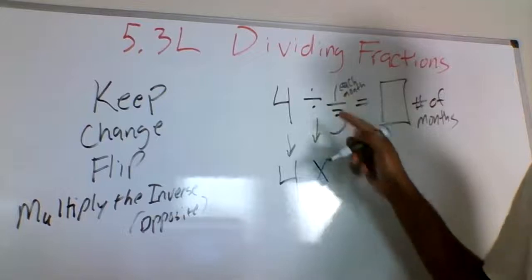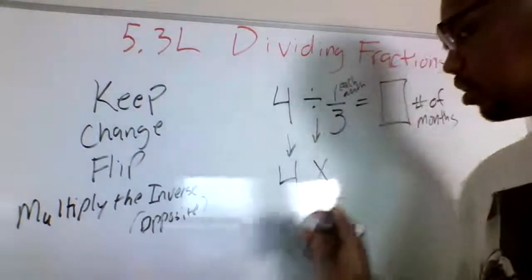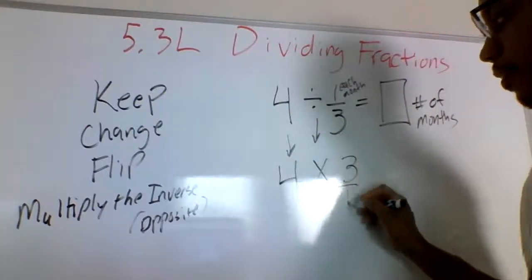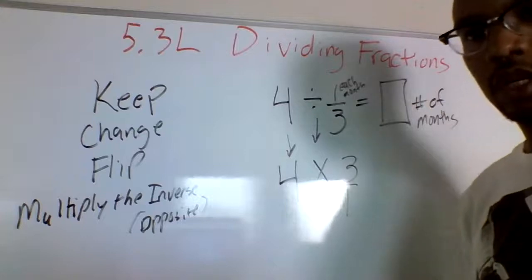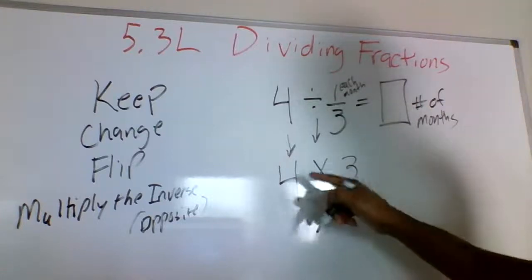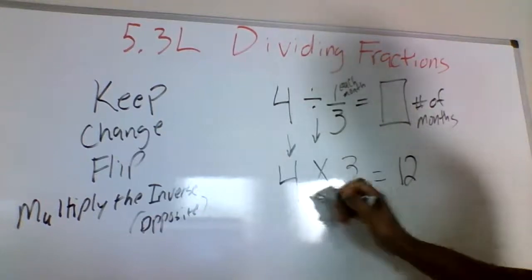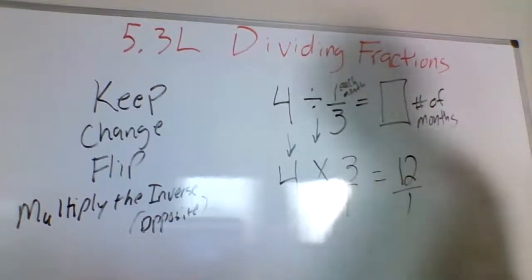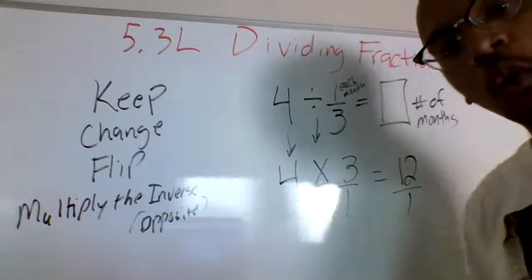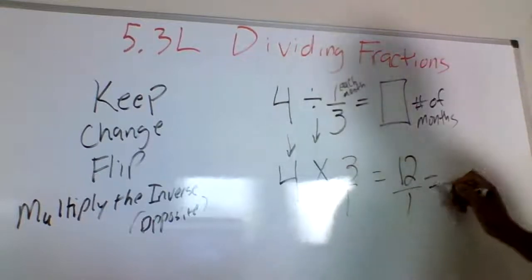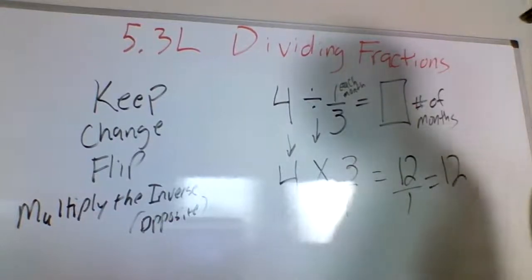Flip 1/3 upside down, and it becomes 3/1. Then you can multiply. 4 times 3 equals 12/1. And anything over 1 is itself. So 12/1 is the same thing as 12. Right? Which is letter C.